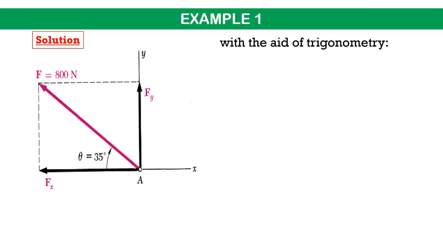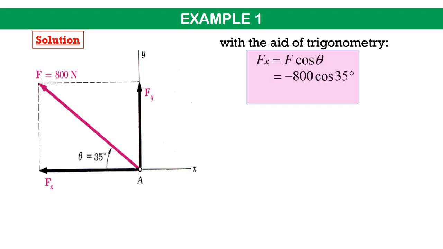With the aid of trigonometry, we can find the magnitude of each component. For the x component, Fx equals negative 800 cos 35 degrees, equals negative 655 Newton. The value is negative because the component is along the negative x-axis.